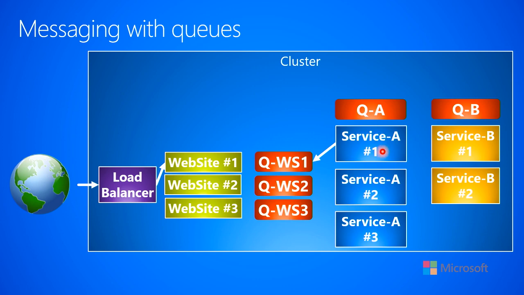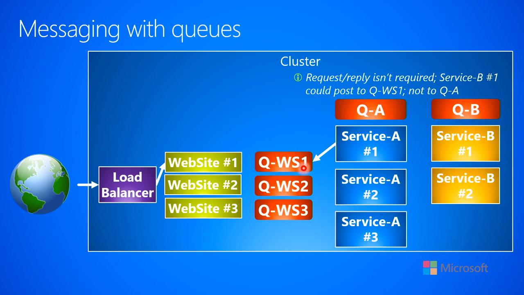So when service A is done with the results, it needs to go and tell website 1 instance, here's the result. So it's going to queue it to website number 1's specific queue. Now, website number 1 is going to pull this queue, get it, and send the response back to the client, right? So that completes the entire flow throughout this system.